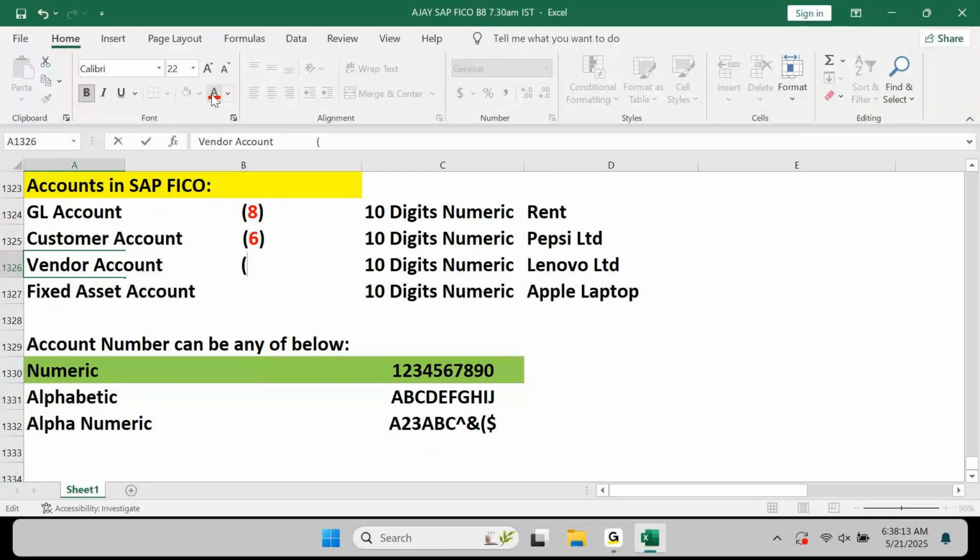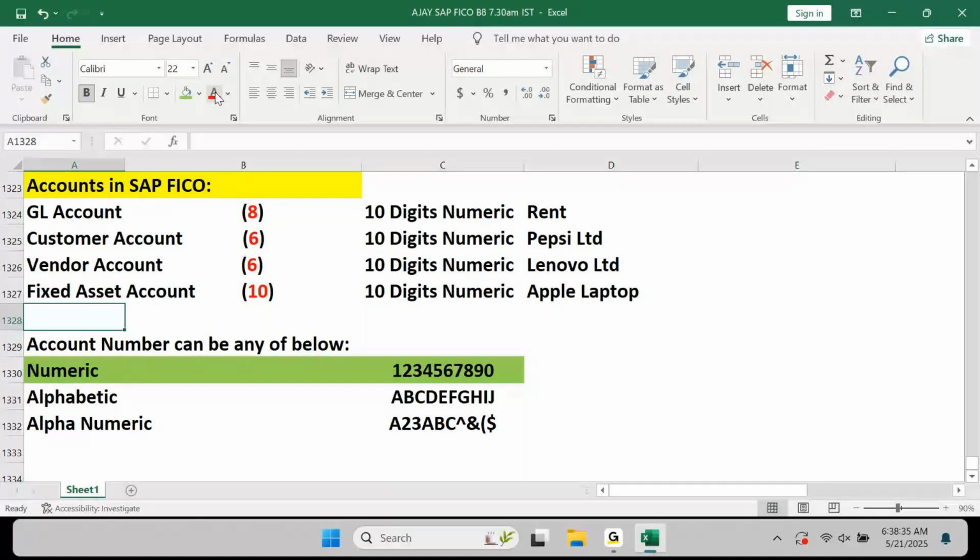Vendor also 6 digits we will take. Asset we will take 10 digit. Now if I want to write any accounting entry, length is clear: 8, 6, 6, 10.